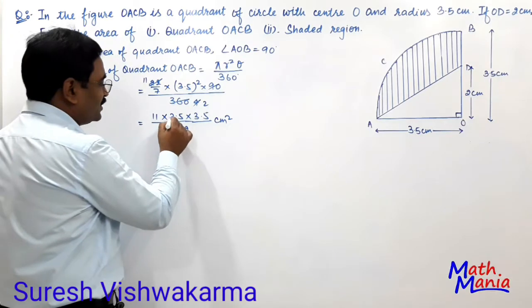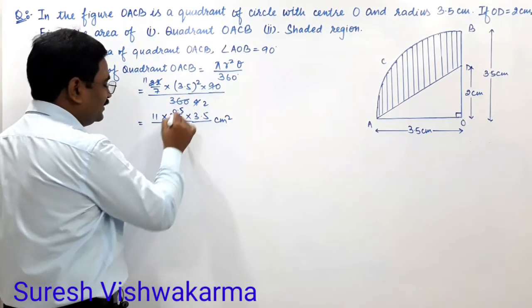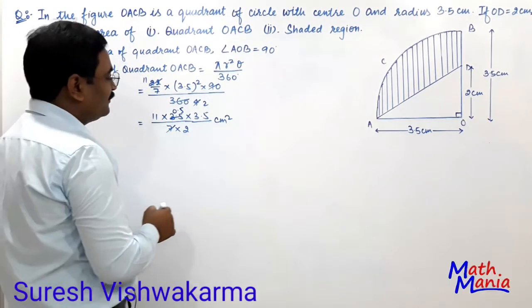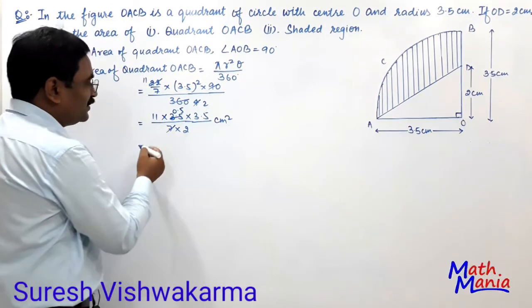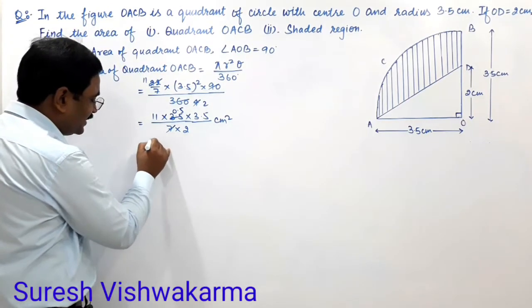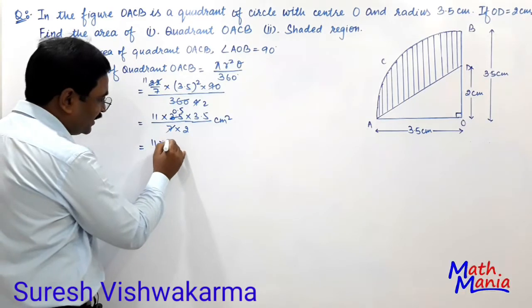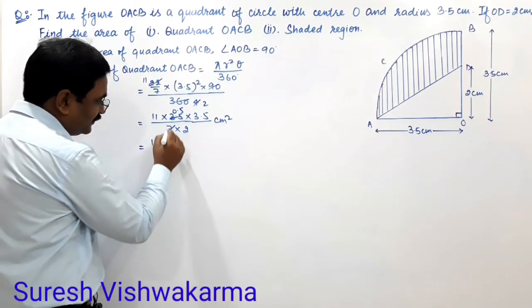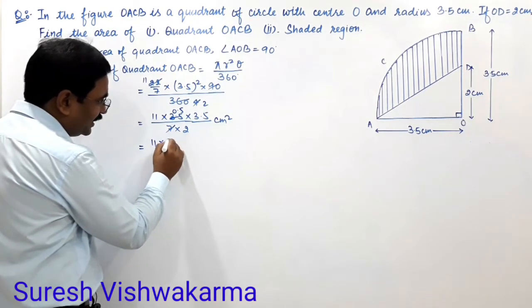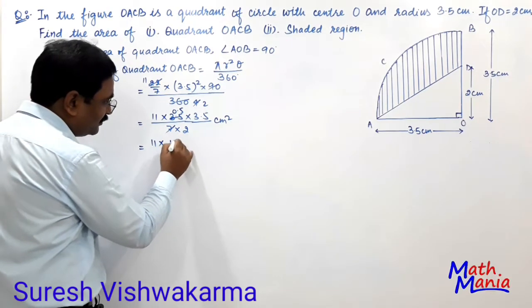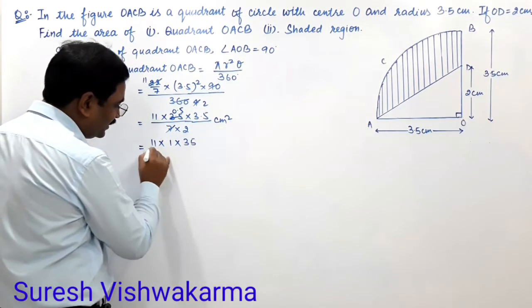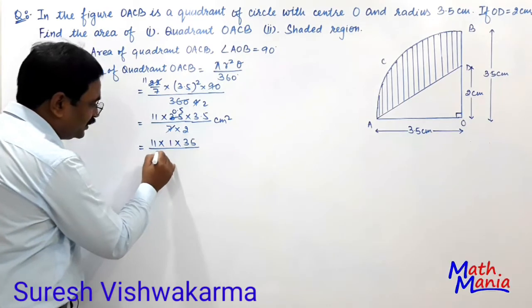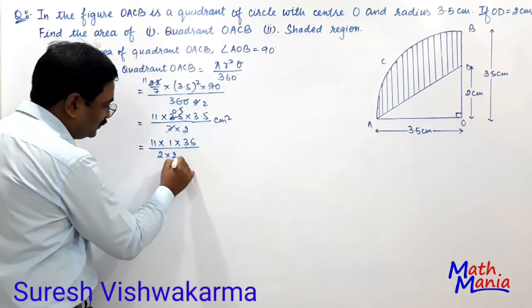This can be written as 11 multiplied by 35 upon 10 into 35 upon 10, divided by 7 into 2.